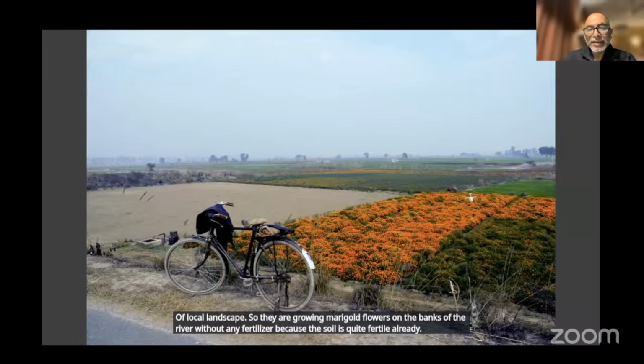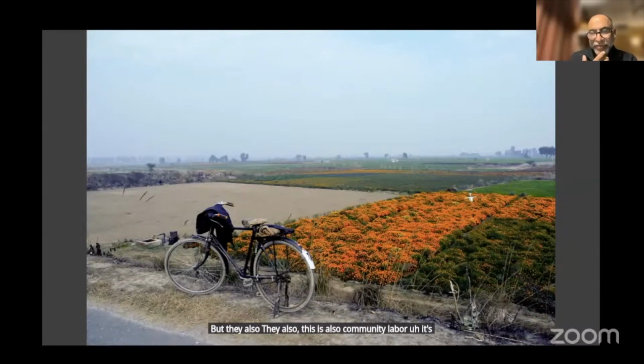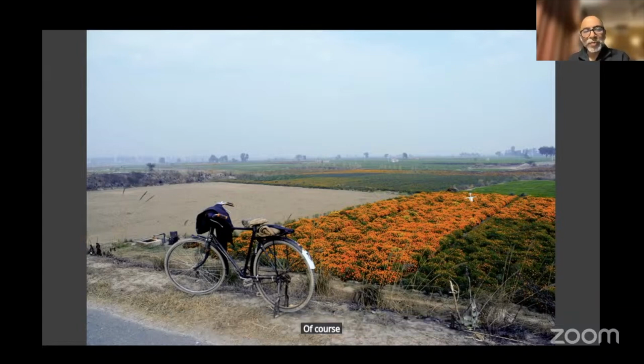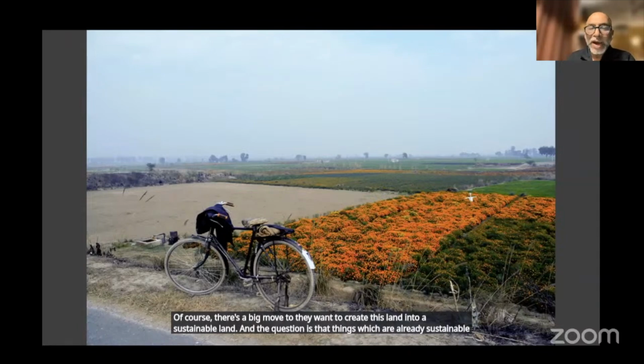But this is also community labor. It's based in villages which have been there for 200-300 years, and then they sell them in local markets. Of course, there's a big move to create this land into sustainable land. And the question is that for things which are already sustainable, what new ideas of sustainability can you bring to this complete cycle of organic flower growing here?